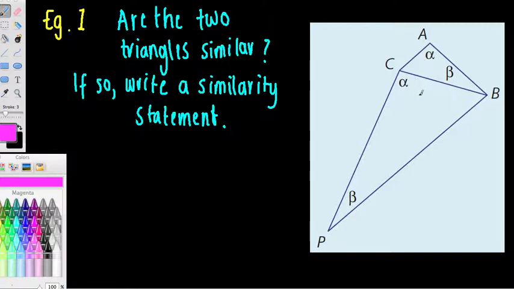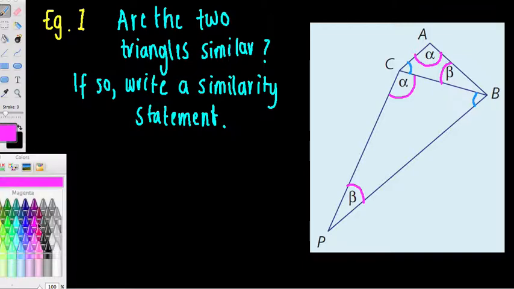We only need two angles. So this immediately tells us that this angle in here is the same as that one there. It has to be the same because these three angles must add up to 180 degrees.